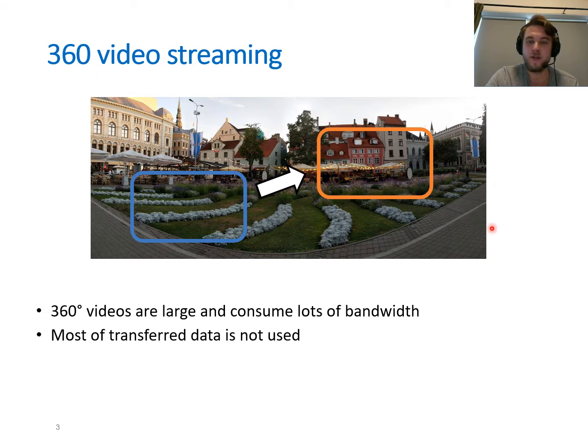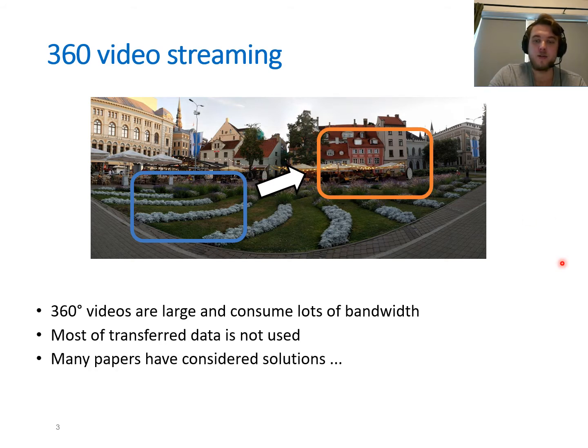So there's a lot of video that is not being viewed by the viewer and is as such wasted. The viewer can, however, move around and look at different parts of the video. So this is a problem naturally, because you want this viewport to have the same quality as a standard video, meaning that the resolution needs to be very high, and this consumes a lot of bandwidth, as said.